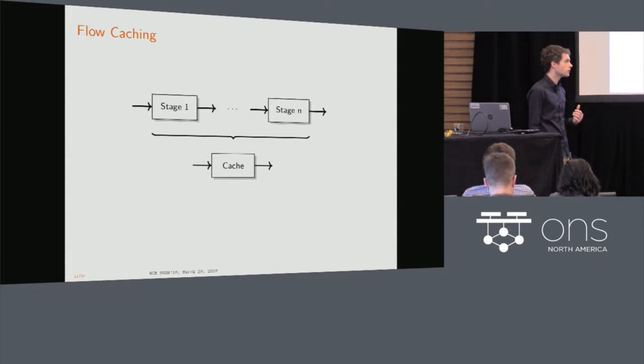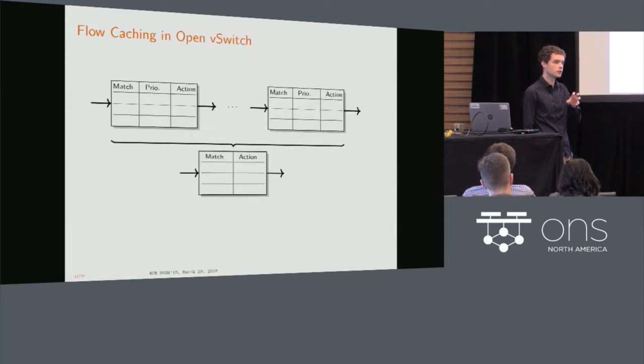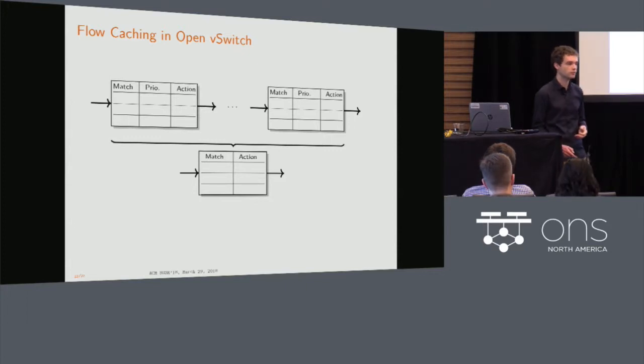In Open vSwitch, this common abstraction is the OpenFlow table. Because all of these different stages have the same abstraction of the OpenFlow table, you can aggregate them into a single stage in the cache.